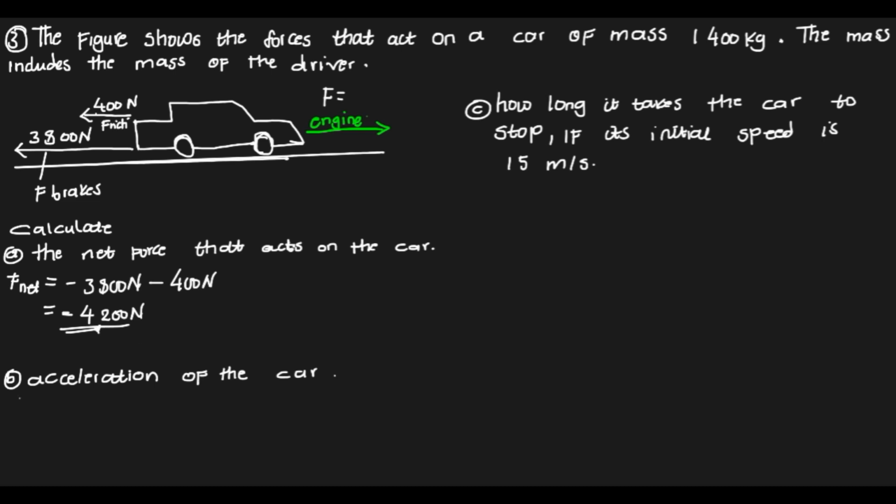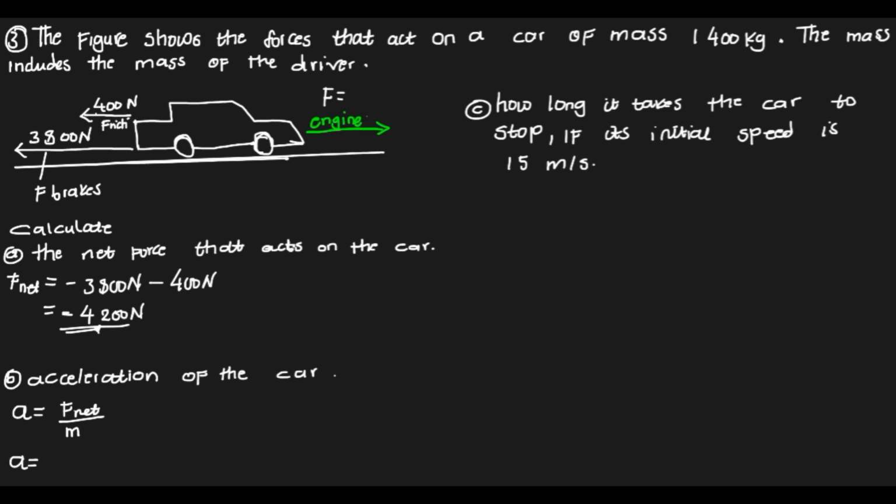Now for question B, acceleration of the car. We said acceleration is equal to net force divided by the mass. Now from the question, we are told that this car stopped. For question C, let's look at question C. We just get some data from there, how long it takes the car to stop. Since we are looking at the deceleration, the value of acceleration must be negative.